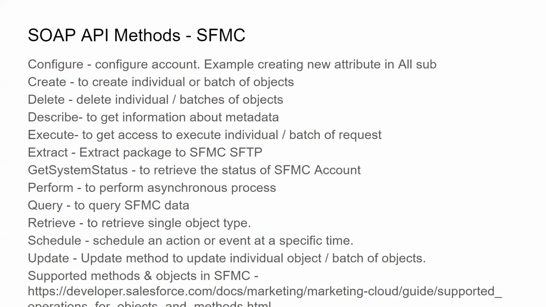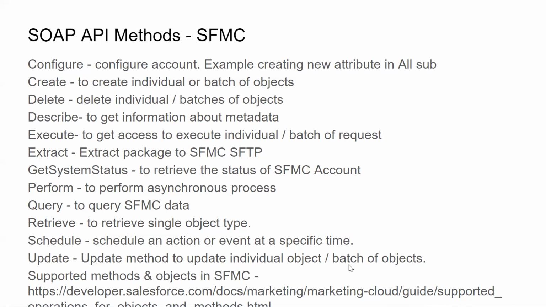and things. Update would be if you want to update data extensions, folders, or classic emails, things like that. Okay, so these are the methods which are supported. But you may ask which objects are supported.